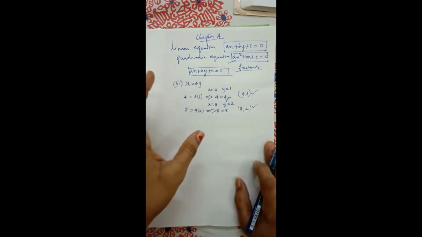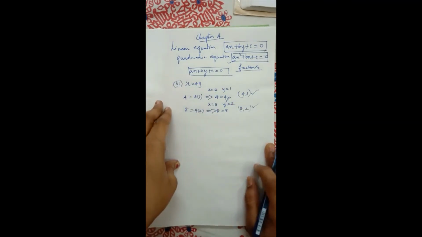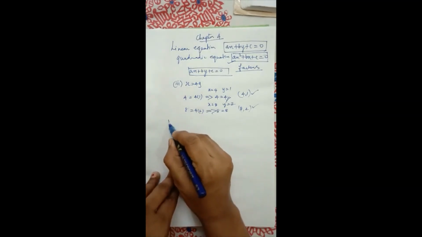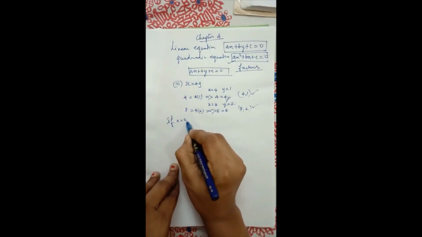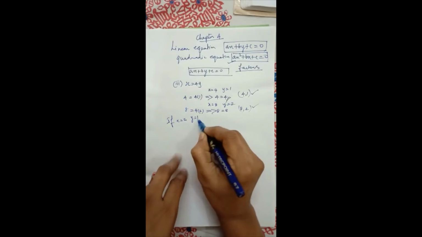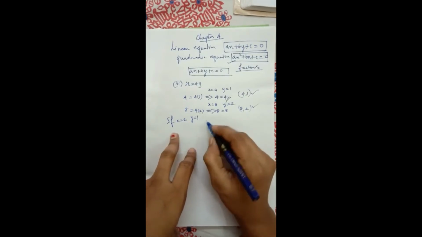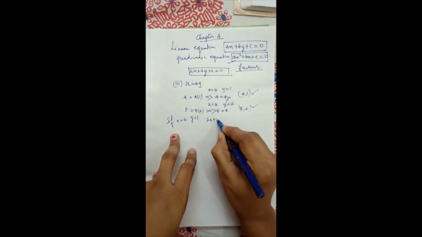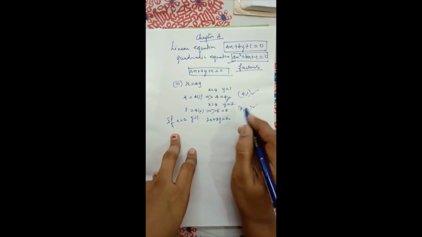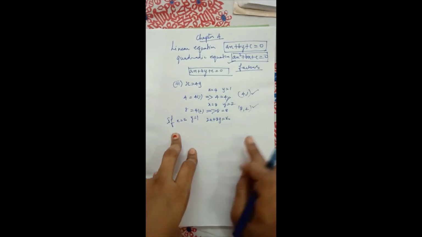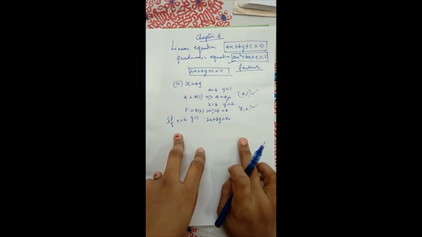Okay students, for this question you have to do like this. Then one more question, the fourth question: find the value of k if x is equal to 2 and y equal to 1 is the solution of the equation 2x plus 3y equal to k. Students, listen, once again I repeat the question.